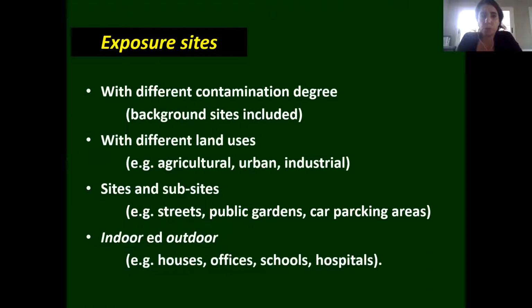Which types of exposure sites? I told you, any type of site. We try to distinguish sites with different contamination degrees.